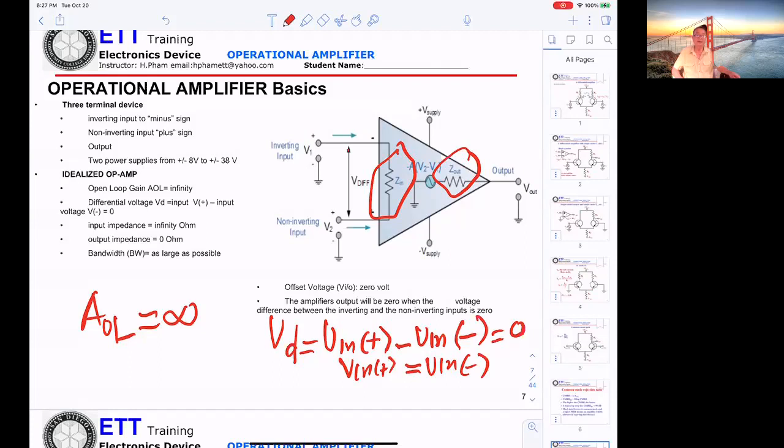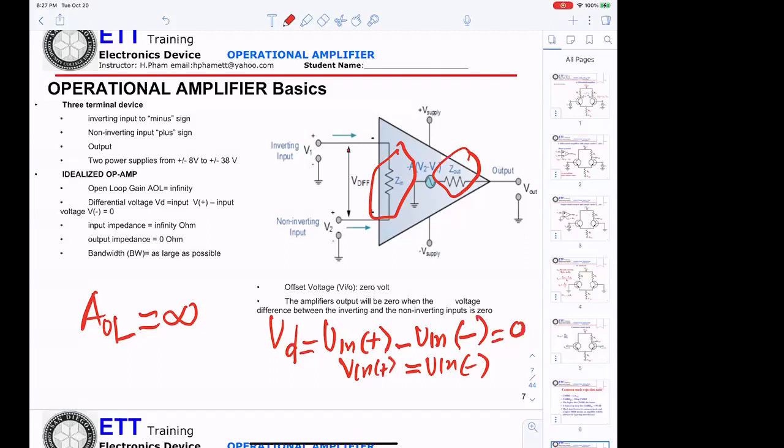The input that goes to the negative input of the op amp, the name will be inverting input. And the input that goes to the positive of the op amp, the name will be non-inverting. You must memorize that. That's a very simple thing they're asking you.